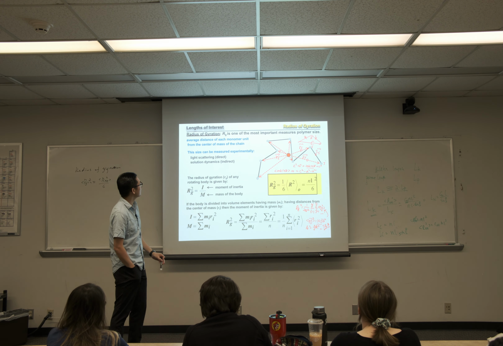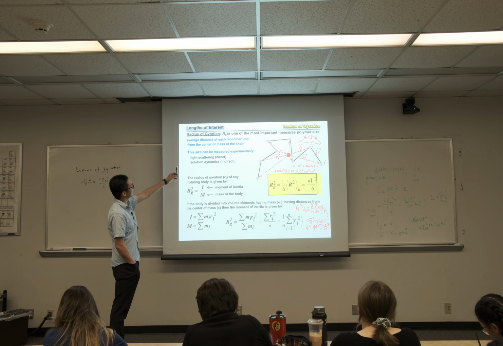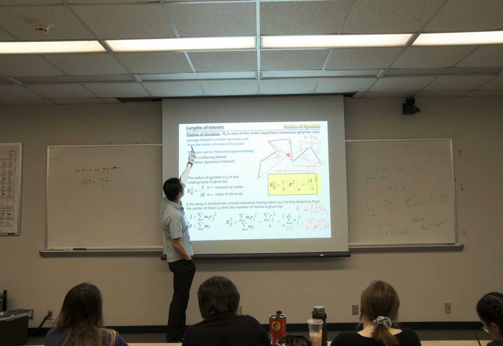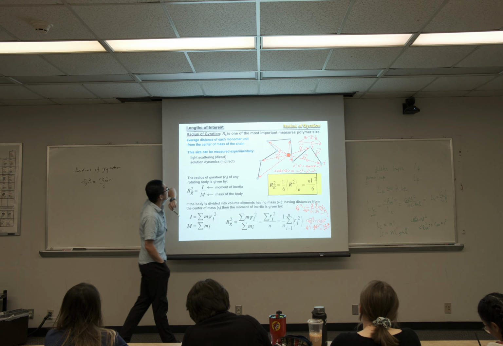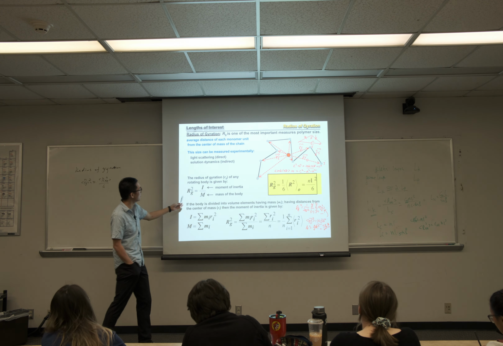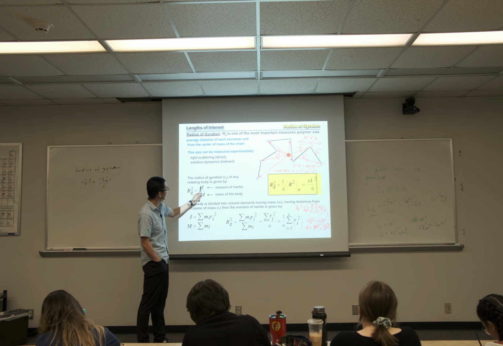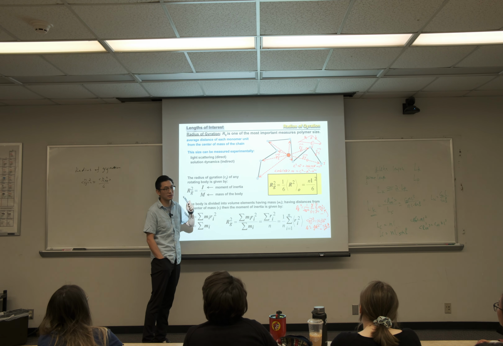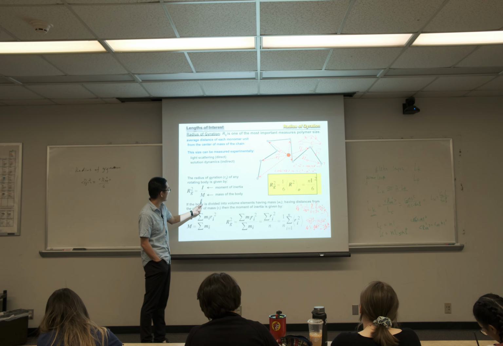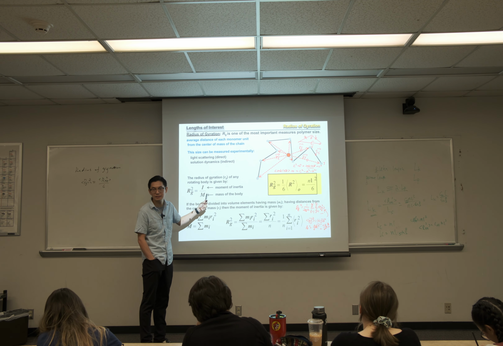Radius of gyration is basically a measurement of polymer size, but more importantly, it's the average distance of each monomer unit from the center of mass of the chain. It measures the moment of inertia, so Rg squared equals I divided by its mass. Let's define what I and M are.